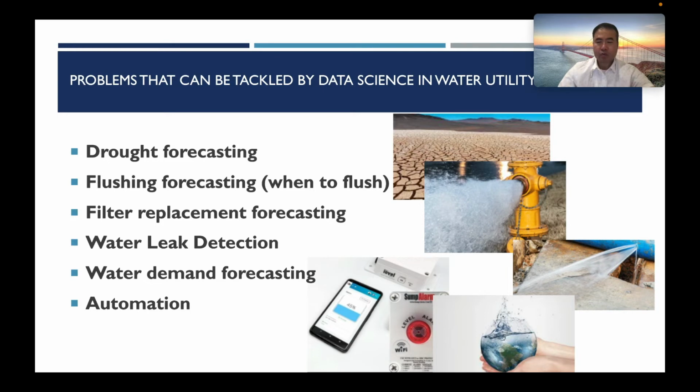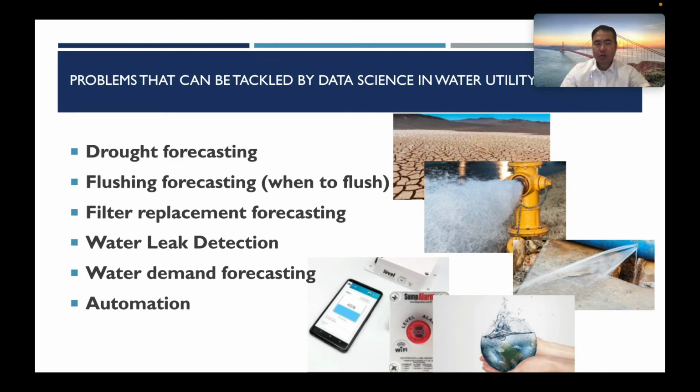And also automation. There are many manual processes in a water company, and the history of water companies is very, very long. Most of the work is paperwork, very manual, and people spend a lot of time in manual processes.